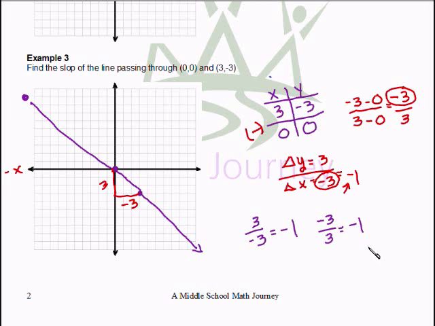When I have two positive answers, 3 divided by 3 equals 1, or negative 3 divided by negative 3 equals positive 1. So if I have no negatives or if I have two negatives, that's when my answer is going to be positive. Okay? Basically, if I have one negative, my answer is negative based on the division rules using negative properties.